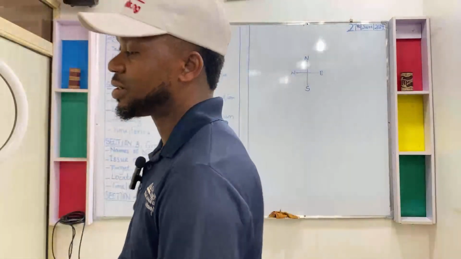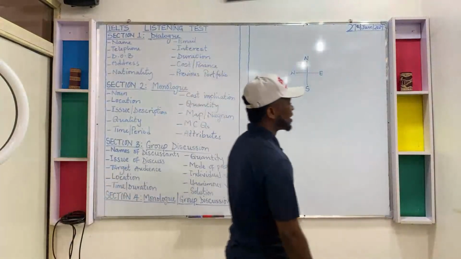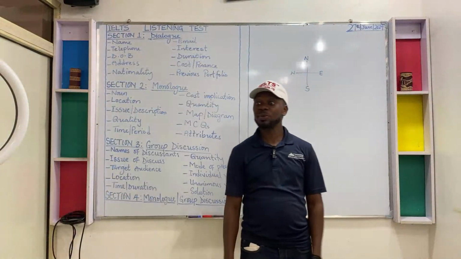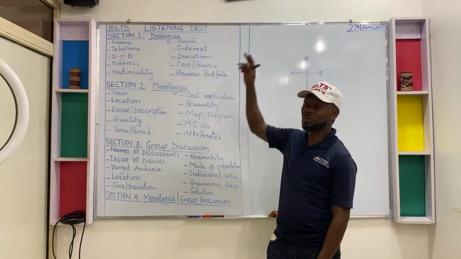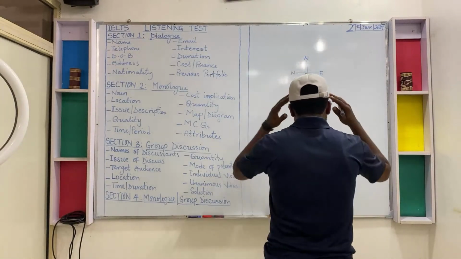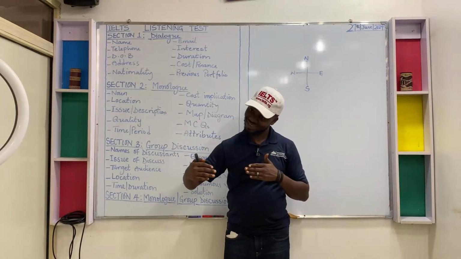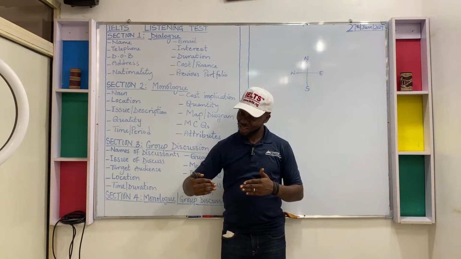Do you understand? Don't get carried away. You must always be flexible. If you're coming in from the north, that means the way you are seated is not how you're coming. You imagine that you have now turned. Do you understand this? So that's the north.